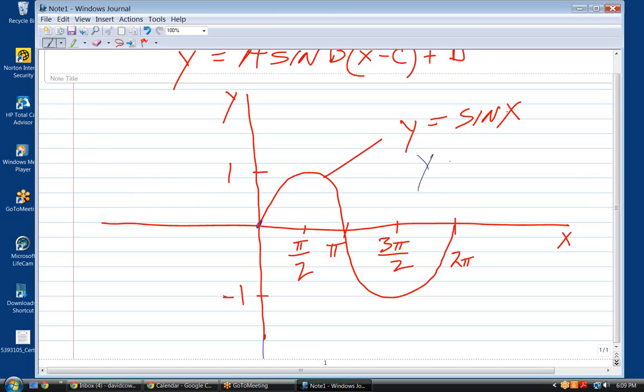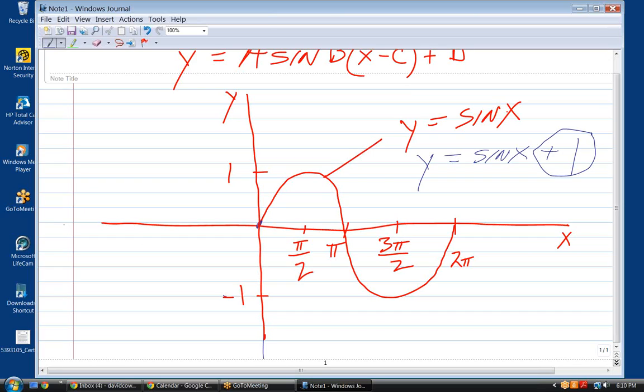Let's say y equals sine of x plus 1. So that a is 1, b is 1, c is 0, but d is 1. Because all this does is, much like if you had a polynomial and you added a plus on the end of it, it would just shift the whole thing up vertically.